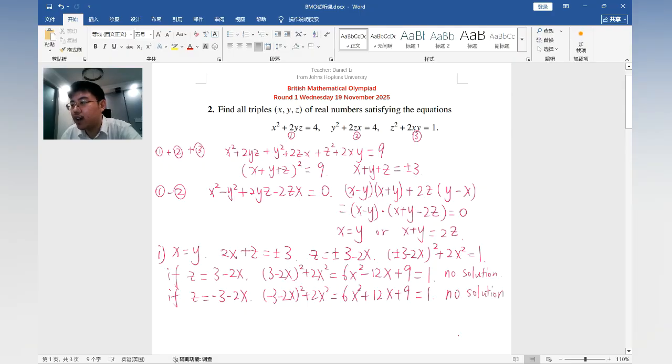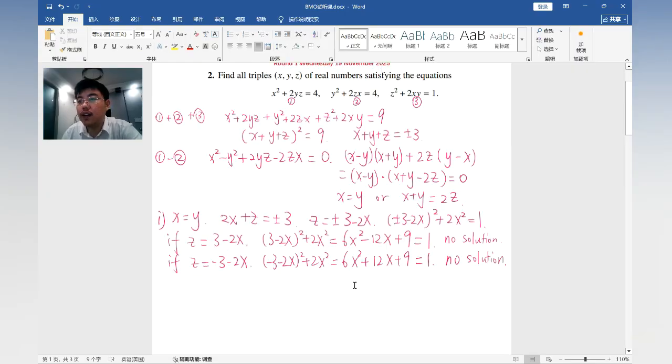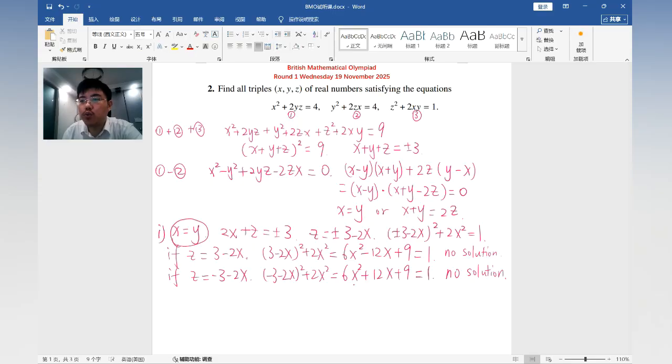No solution for x, y, z. No solution for x, and then no solution for y, z. Okay, so then we know x equals to y is a fake case. No solution here because we need real numbers solution.